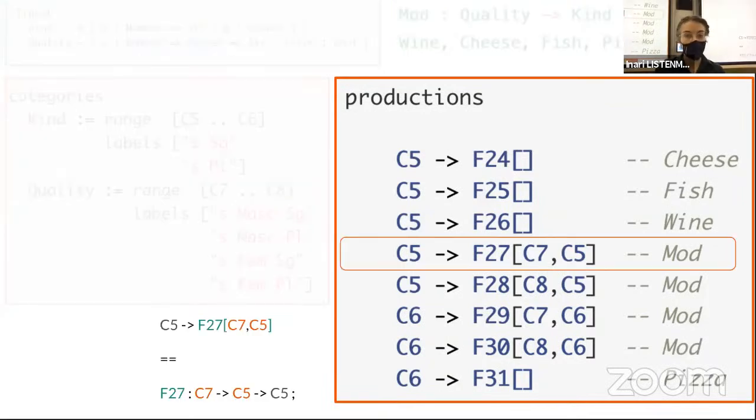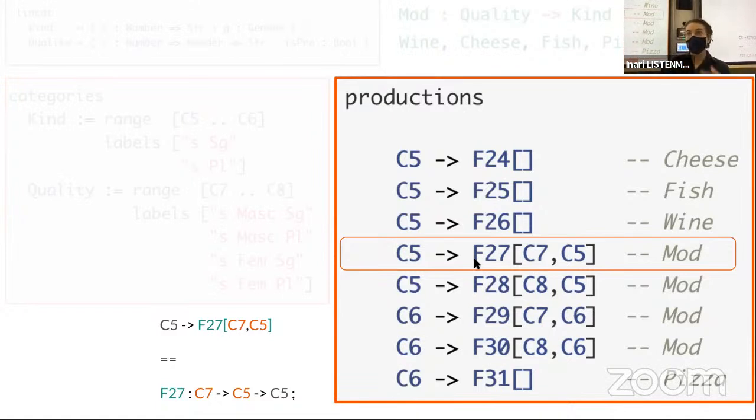If you're wondering about the syntax, this is how you should read F27. It's basically a function that is applied to another C7 and C5. In a context-free grammar, of course, you could not have a function on the right-hand side.